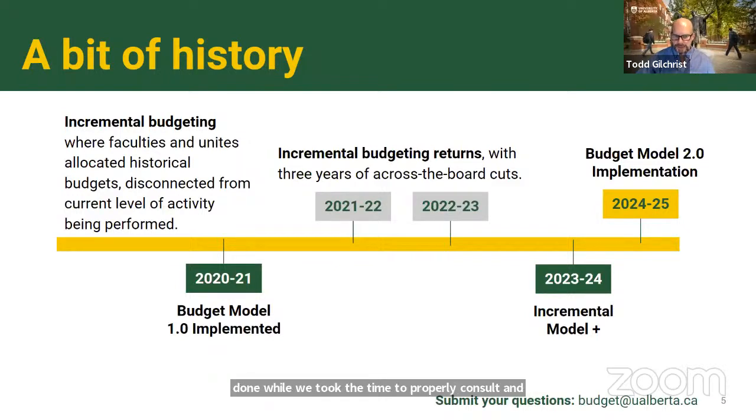So as we are looking forward now, we have commenced the project to develop a revised budget model. It builds off of the good work that was done in budget model 1.0, and we are looking to have it implemented for this coming fall is when the work will start, and it will be implemented for fiscal year 24-25. Next slide, please.